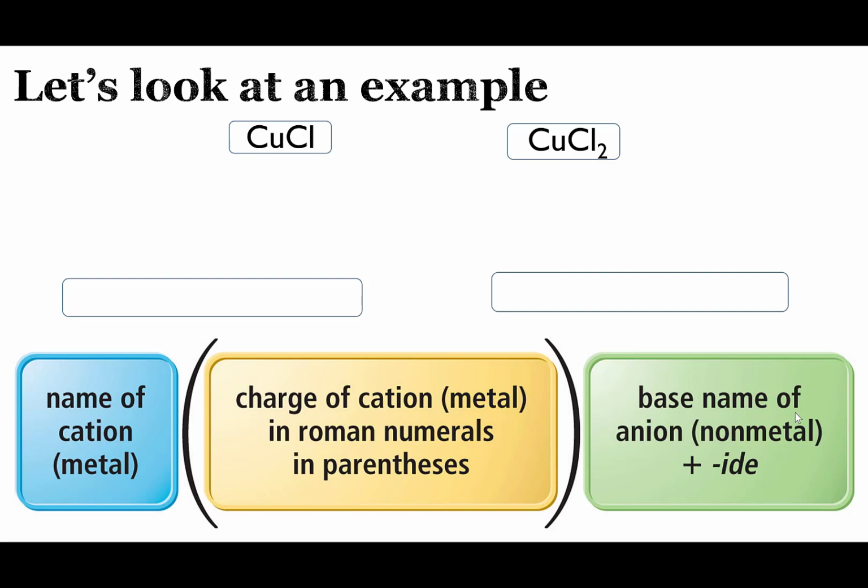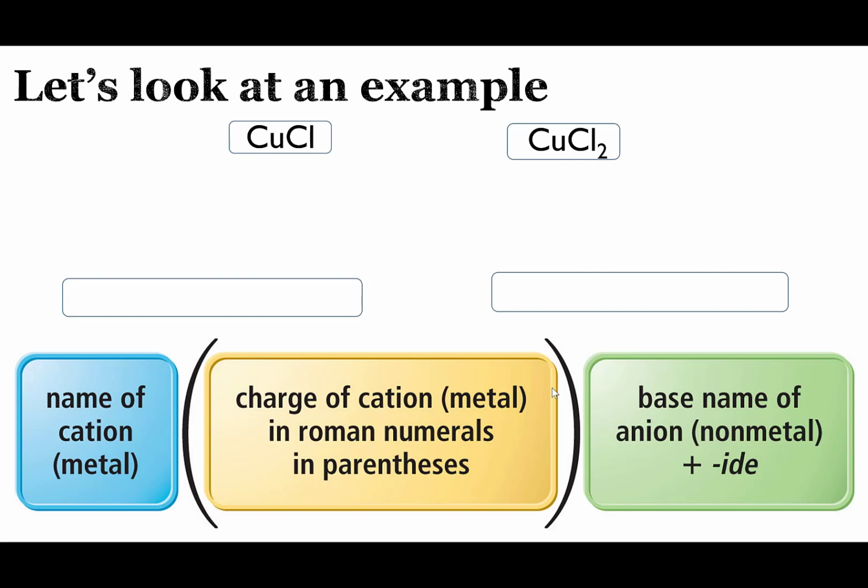Nothing different there either. Oxide, chloride, fluoride, that's all going to be the same. The only difference is this yellow box in the middle. So the yellow box in the middle tells us that we need to write the charge of the metal as a Roman numeral.